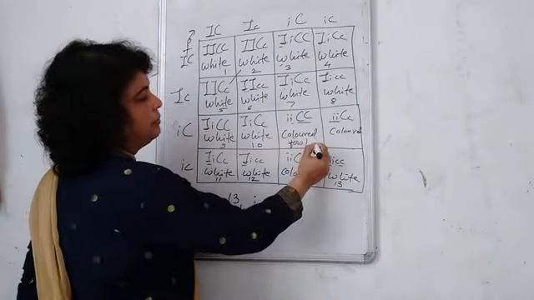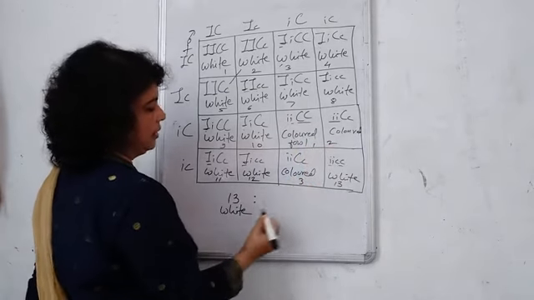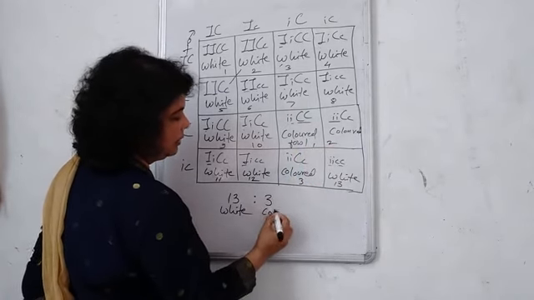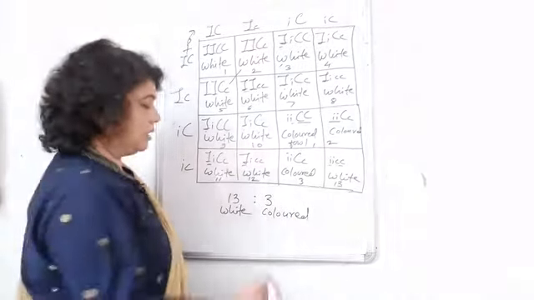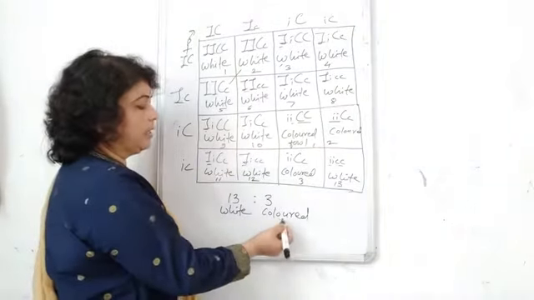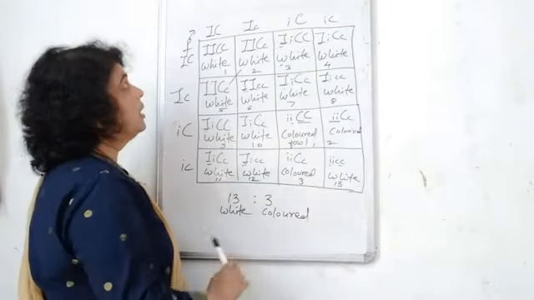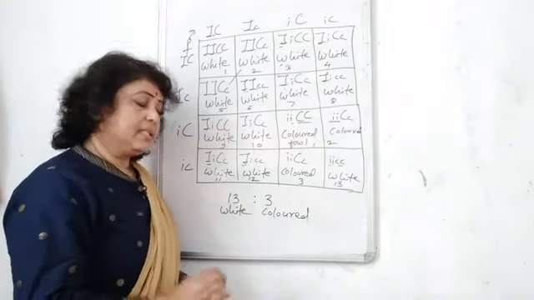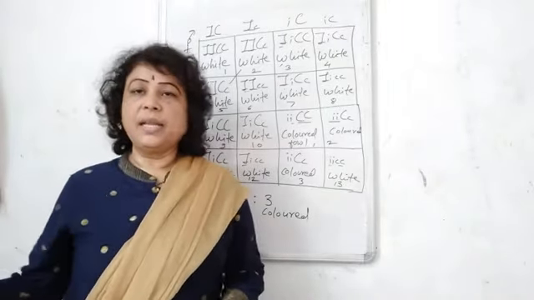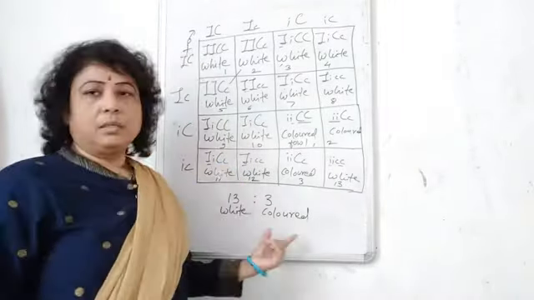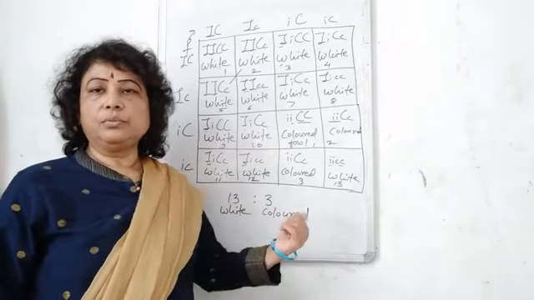Then 1, 2 and 3, 3 were colored. So 13 white and 3 colored. Okay. So Mendel's 9:3:3:1 ratio is completely changed into 13:3.